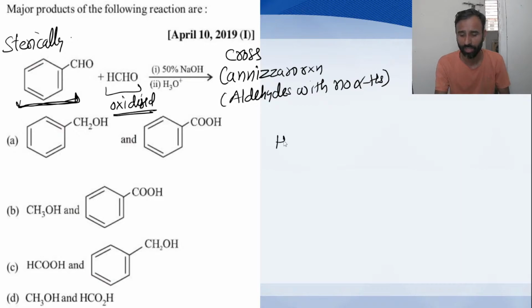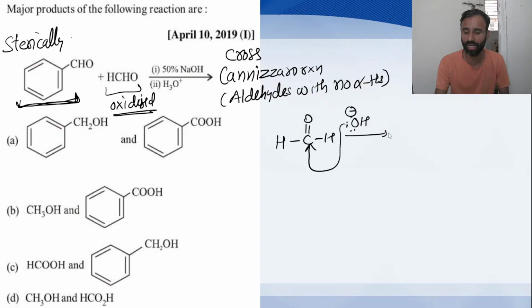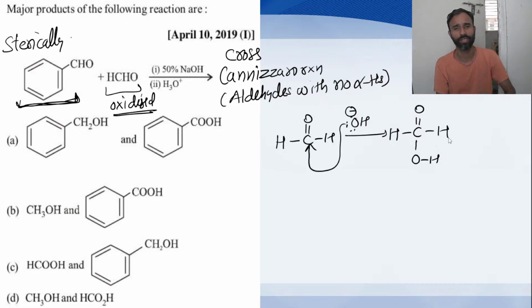So obviously OH negative ion will attack on the sterically less hindered aldehyde. So the sterically less hindered aldehyde is formaldehyde. That's why attack will take place on this aldehyde.